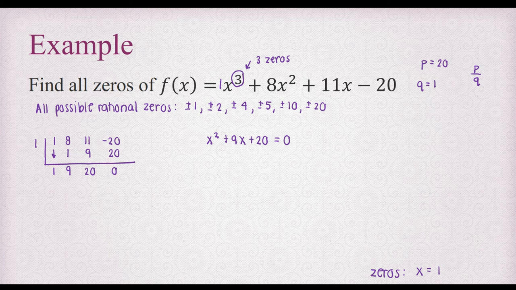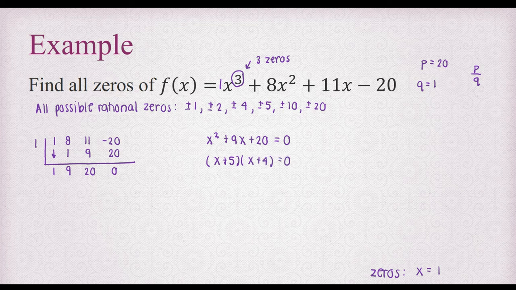And we're solving for x, so we have to set that equal to 0. Remember our step said, get it to a quadratic, so then we could either factor or do the quadratic formula. Luckily for us, this is a factorable quadratic. I can find numbers that multiply to 20 but add to 9. That would be positive 5 and positive 4.